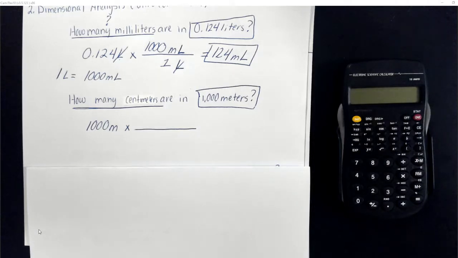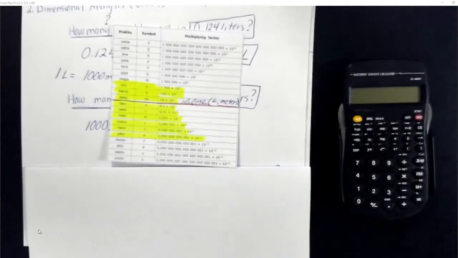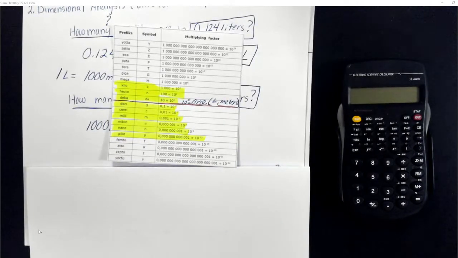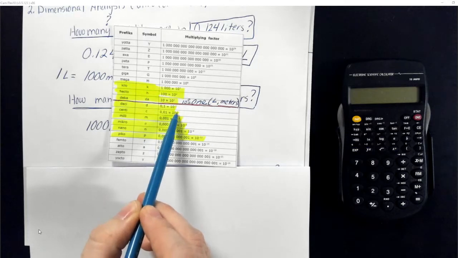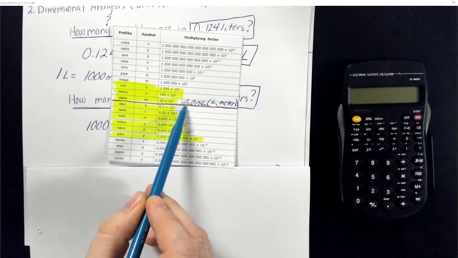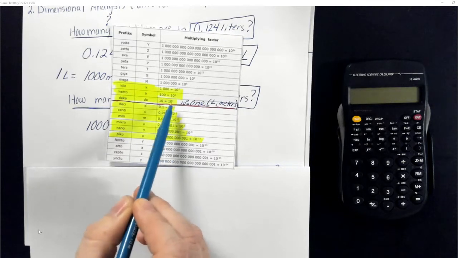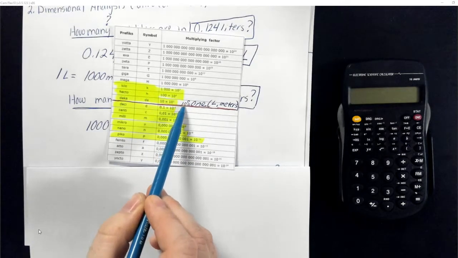And now we need to figure out, well, what is the conversion factor between meters and centimeters? Let's pull up our chart here. For centimeters, it's 10 to the negative second power. So in order to get to the base, which is right here, I need 100 centimeters to get to 1 meter.